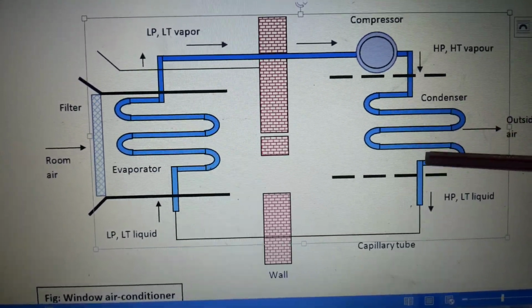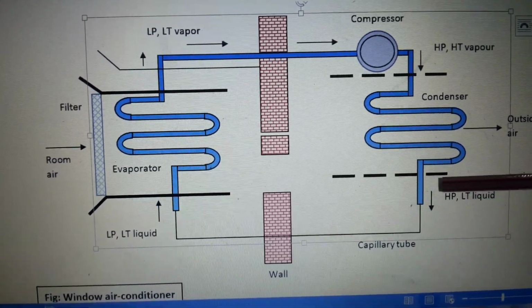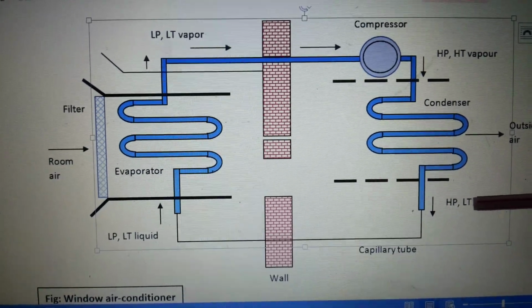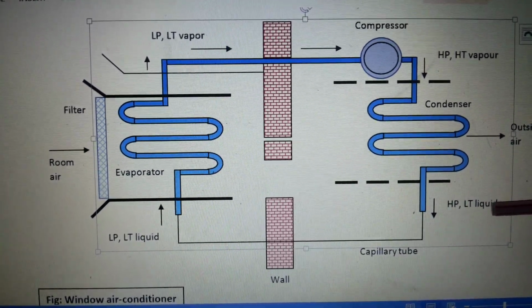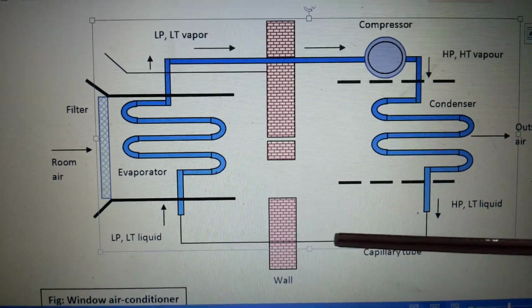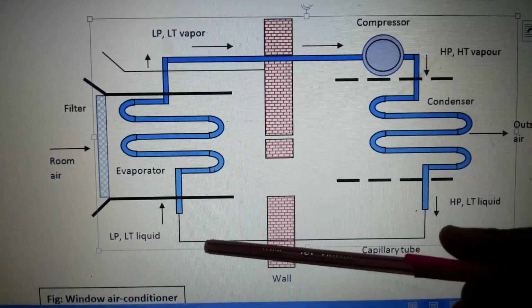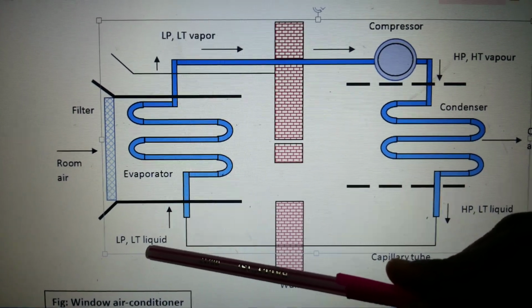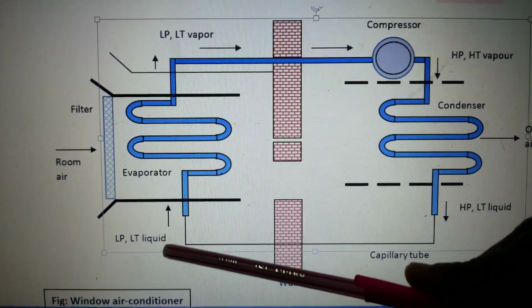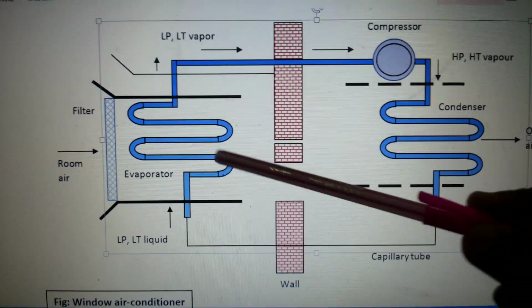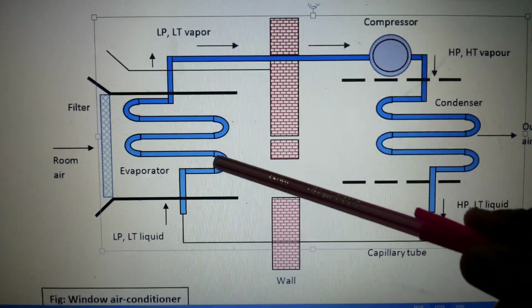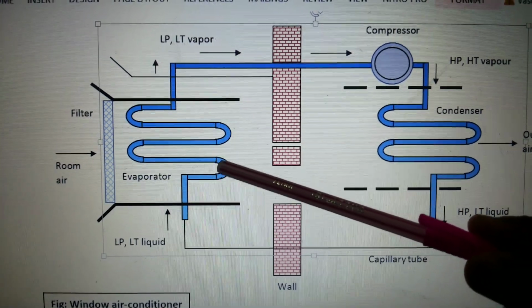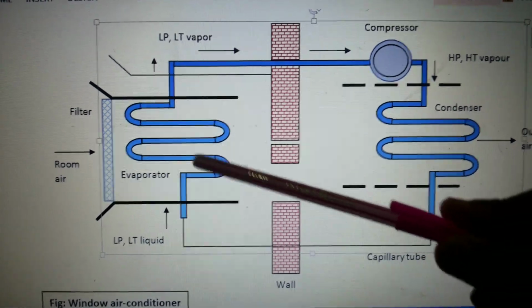After going through the condenser and the cooling action, it still has high pressure but the temperature is lower and it is in liquid form. After passing through the capillary tube, the pressure also gets lower, so the refrigerant is at low pressure and low temperature in liquid form. After passing through the evaporator, it absorbs the heat from the air and gets converted into vapor.